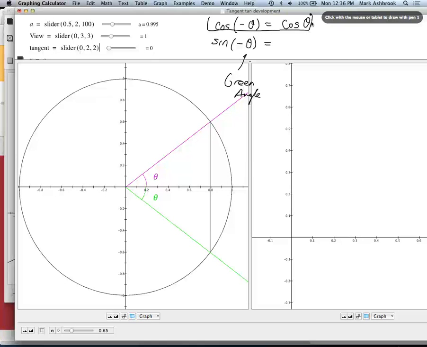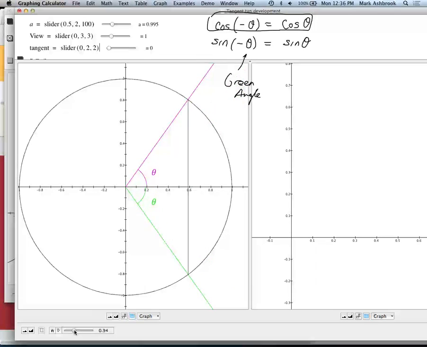Okay, what about sine of the opposite of theta? What's that? Equals sine of theta. You get the same thing, right? Because if cosine of the opposite of theta equals cosine of theta, then sine of the opposite of theta must equal sine of theta, right? What about sine? What does sine mean? Vertical distance above the horizontal diameter in radius lengths.